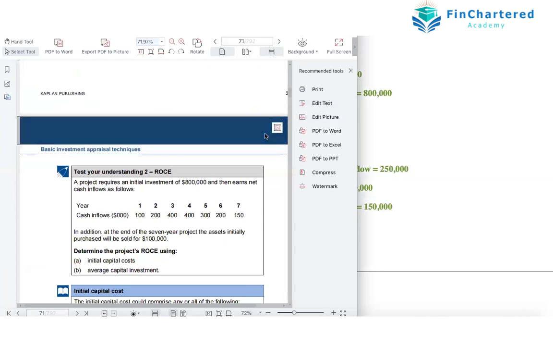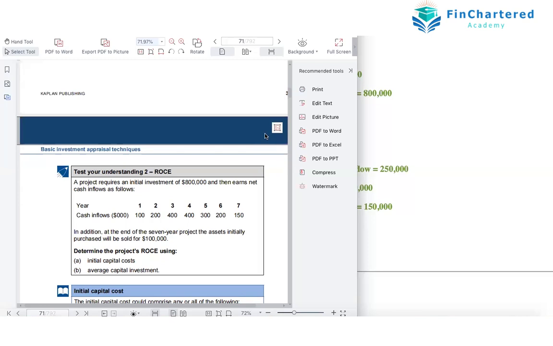But sir, actually, it is still telling to me, the asset we purchase will be sold for 1 lakh. So it is a scrap value.